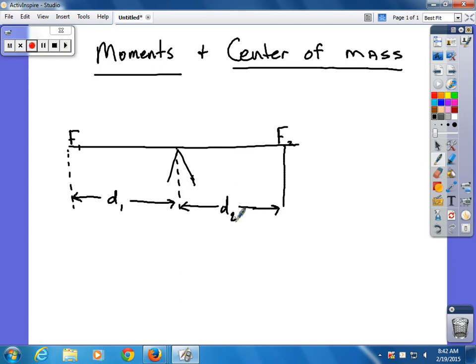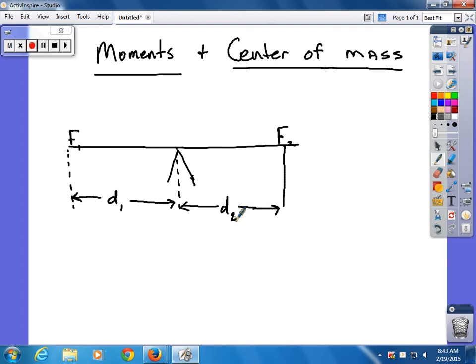Now, in the perfect world, those forces are the same, correct? In Mayberry, they are the same. But we all know that we can't base everything on the perfect world because it's not perfect.